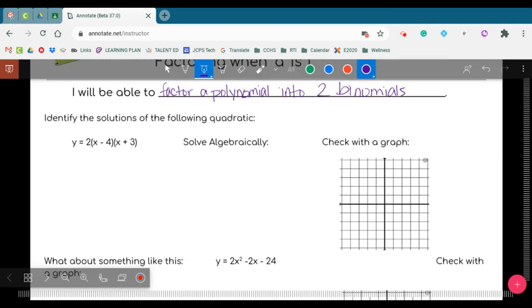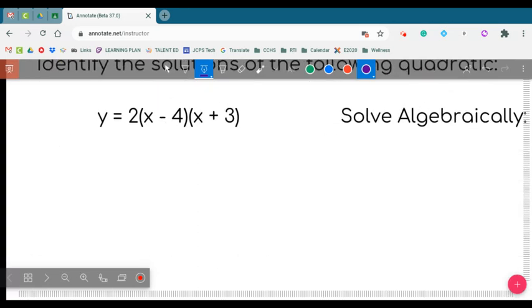So it says identify the solutions of the following quadratic. Solve algebraically. So what we want to do is solve for our x. We have 3 sets: 2, x minus 4, and x plus 3. 2 equals 0, x minus 4 equals 0, and x plus 3 equals 0.